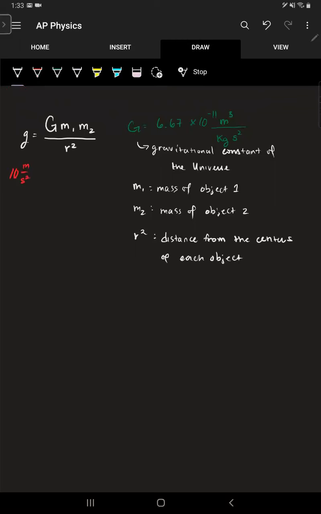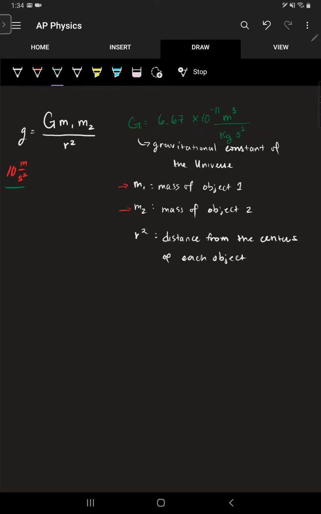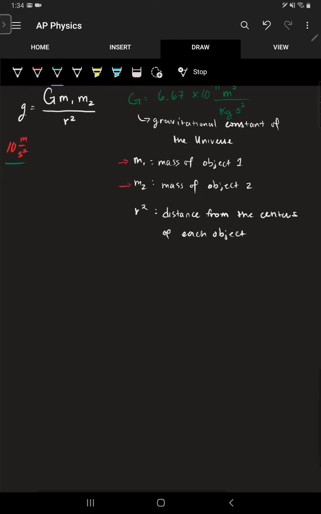All right, now that is the simple way to put it, but you may have noticed that g depends on both m1 and m2. Well, we say g is 10 meters per second squared because the Earth's gravitational pull is 10 meters per second squared for practically anything that we can work with.